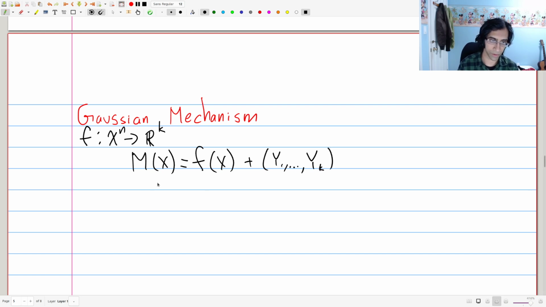And how much Gaussian noise does it add? Well, it'll add independent Gaussian noise, where each one is distributed as the following. I'll write it. It might look a little bit intimidating, but then we'll parse it a little bit.